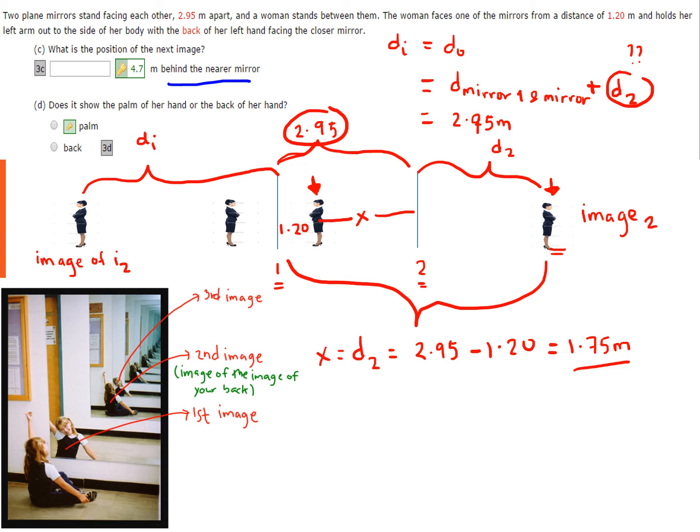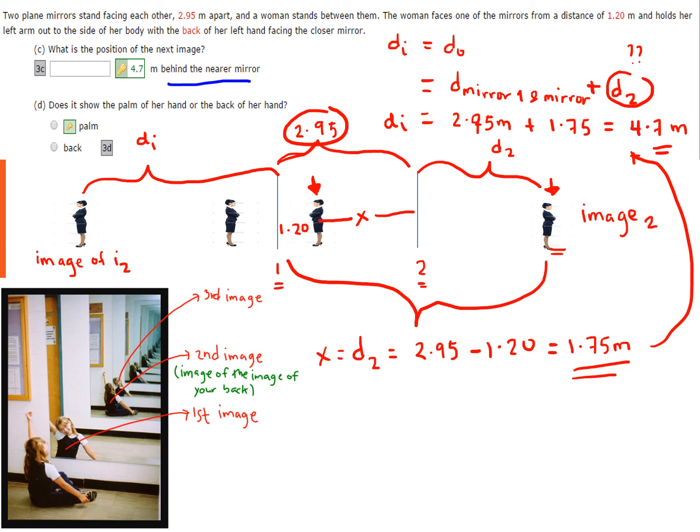So we now have our D2, which we put here. So di would just be 2.95 plus 1.75, which gives us 4.7 meters, and that is our di.